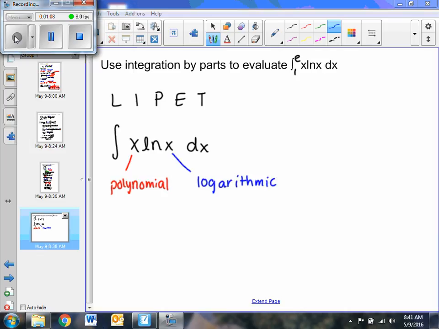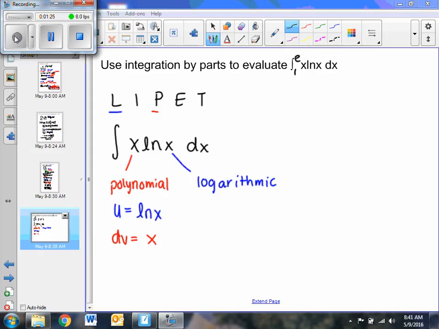So since logarithmic is above polynomial in LIPET, I will choose my u to be ln x. And that means dv is going to be x.